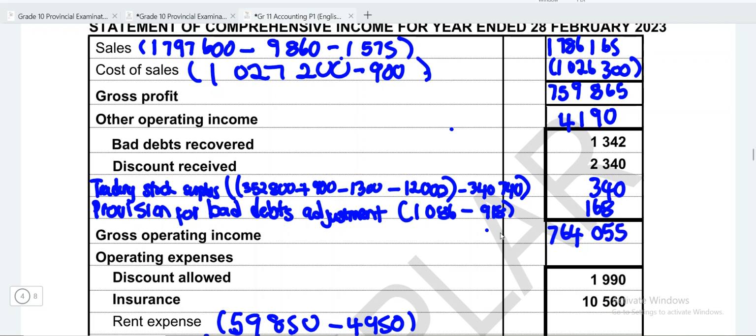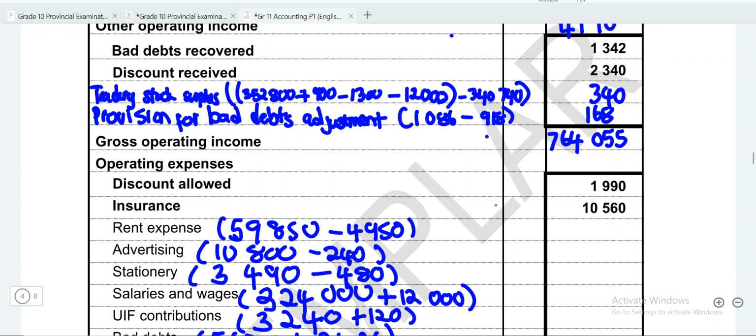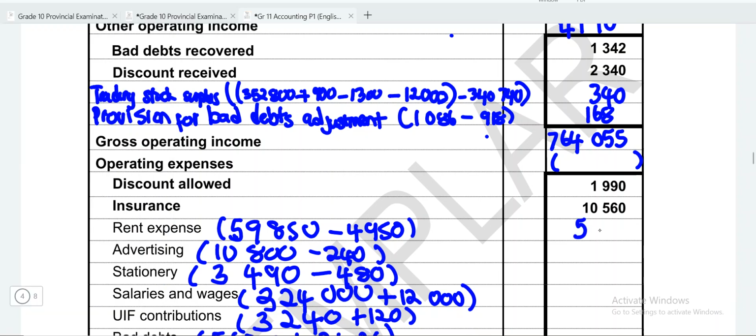Then from there you will realize that our operating expenses, we don't have a total, so we must calculate our operating expenses first and close them off. So let's start here. If you say 59,850 minus 4,950, you are going to be left with 54,900.